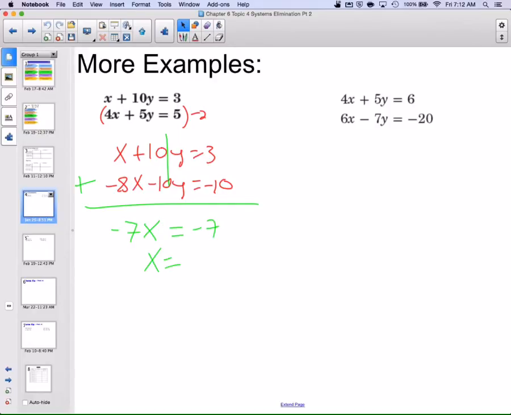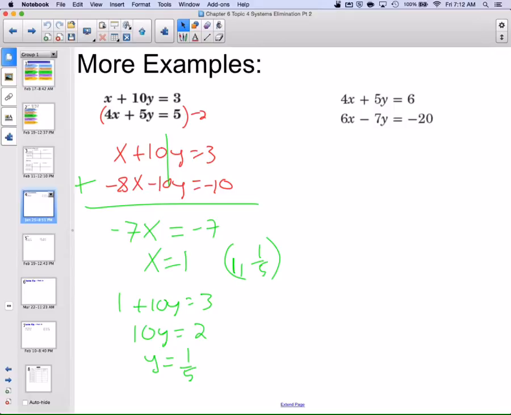Oh, that just gives me +1. Plugging back in to the top, 1 plus 10y equals 3. Okay, so subtract 1 on both sides. 10y equals 2. I'm going to get an interesting answer here. y is going to be equal to 2 over 10, or 1 over 5. Okay, so it looks like my answer is actually going to be 1, 1/5.